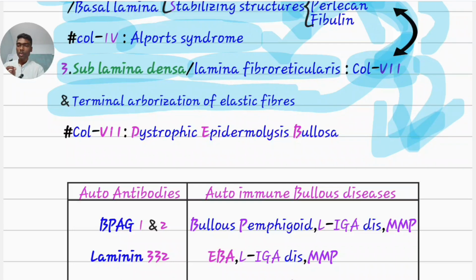If collagen 7 gets a structural defect, it leads to dystrophic epidermolysis bullosa. Third defect, last and final defect, dystrophic epidermolysis bullosa.